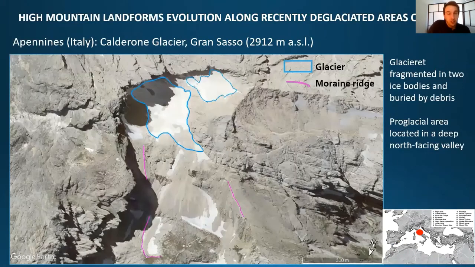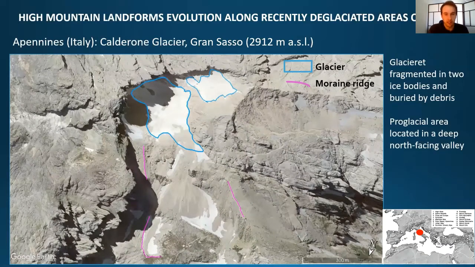In Italy, we don't have only the Alps; a small glacier and a very interesting glacial system exists in the Apennines. This is the case of the Calderone glacier, that is now fragmented in two distinct sectors. During the Little Ice Age, this glacier covered up to 0.1 square kilometers, so it's very important in dimension.